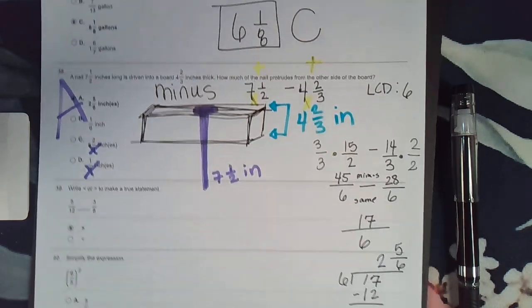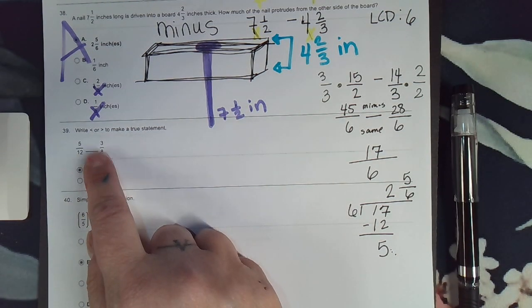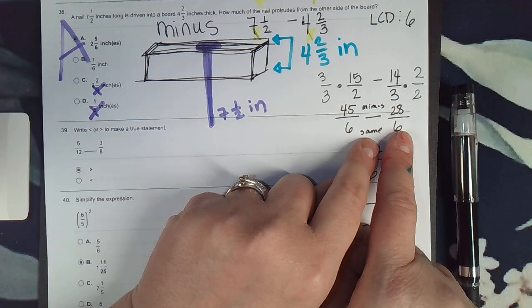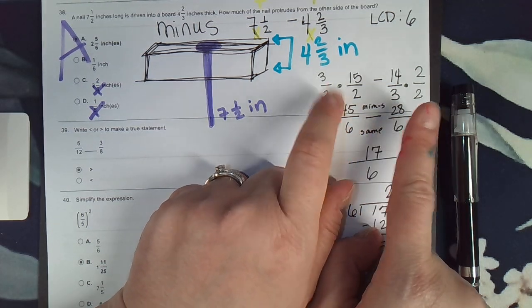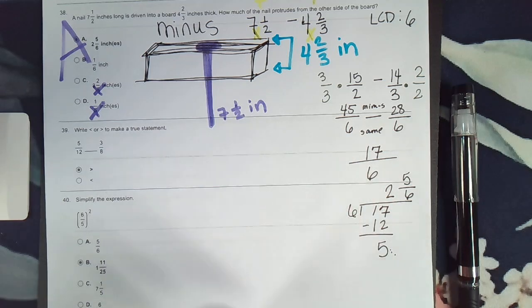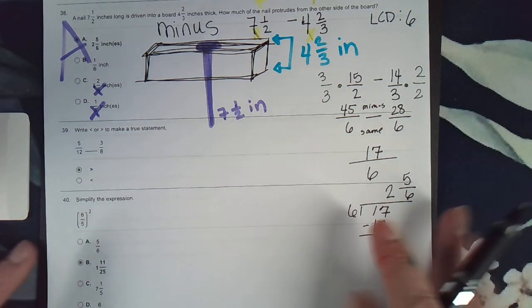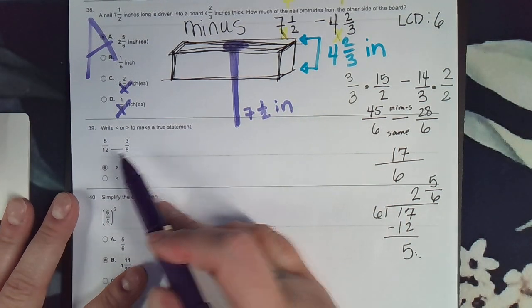Okay, let's look at 39. It says, write an alligator to make a true statement. Well, if we can get the bottoms to be the same, like this 45 and this 28, we can just look at the tops to figure out which one's bigger. So, let's come up with the LCD of 12 and 8.